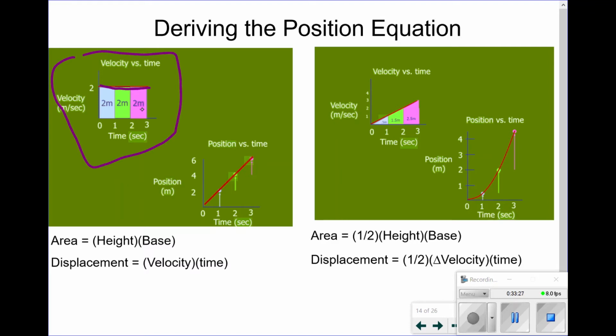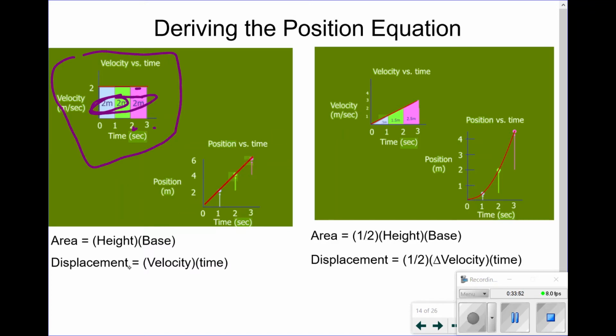So I can see for every second of time, I can create a rectangle that represents 2 meters traveled. The total distance traveled is the total area underneath the graph. So for 1 second, I've traveled 2 meters. For 2 seconds, I have traveled a total of 4 meters, and for 3 seconds, a total of 6 meters.